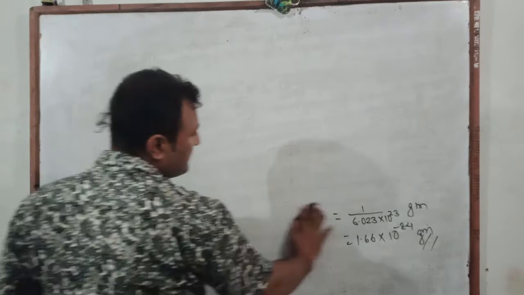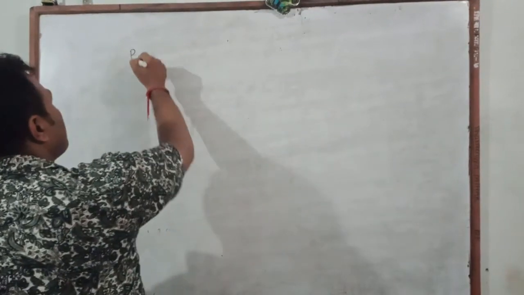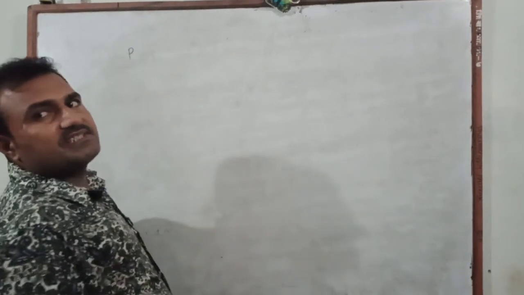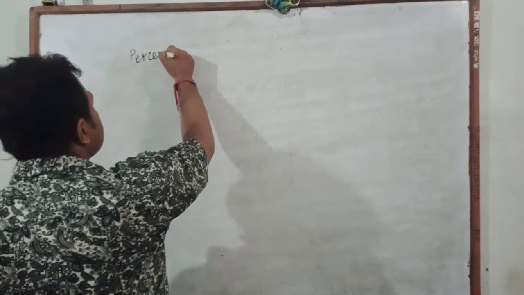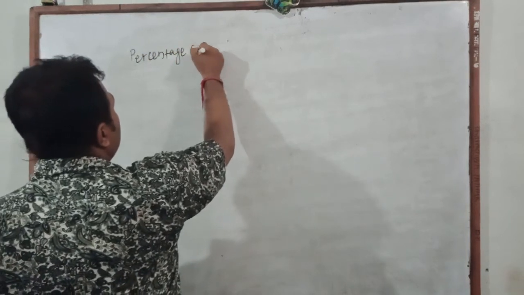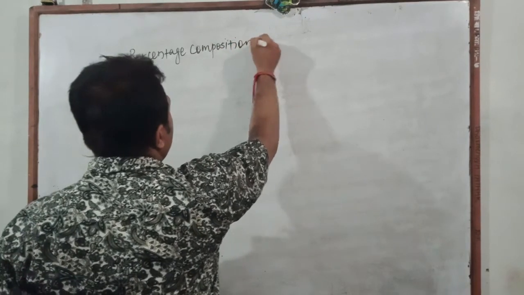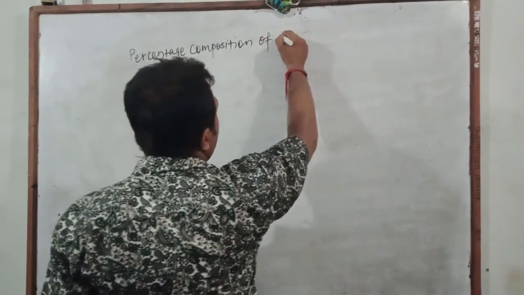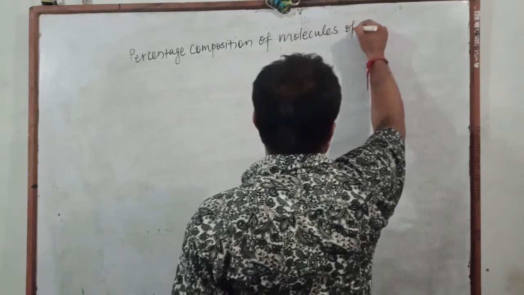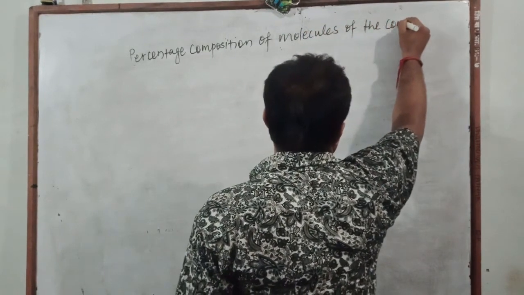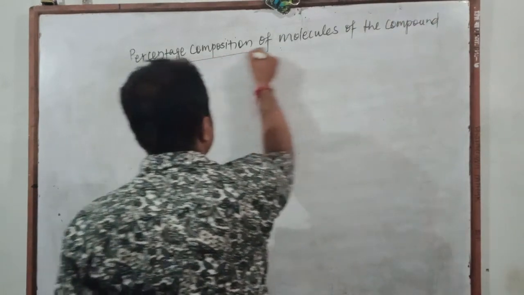The percentage of the different elements found in that compound is called the percentage composition of the molecules of the compound, or simply percentage composition.